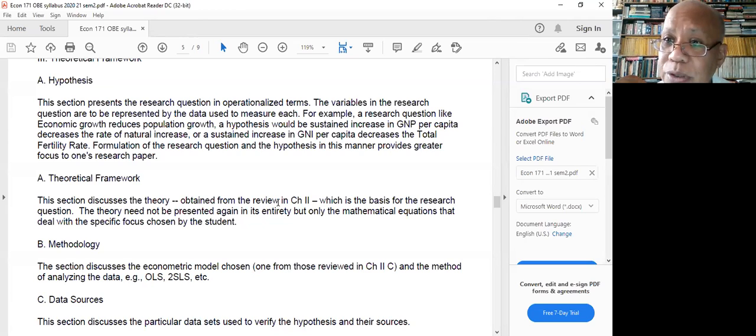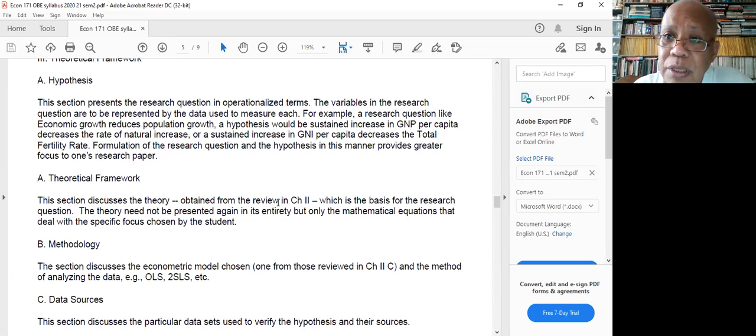What you present here is no longer the original econometric model that has been discussed in chapter 2. Here in chapter 3, you present the model as you regressed it. In other words, the model with the modifications and adaptations. It is here where you explain the modifications that you made.